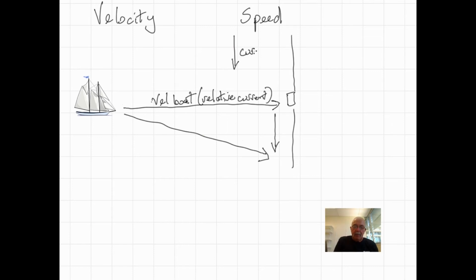Here is my current, and with most nautical things they use knots, so it would be so many knots travelling in this direction. This would be the velocity of the current, and this would be the velocity of the boat. And it would be, if you like, the direction in which it would travel.